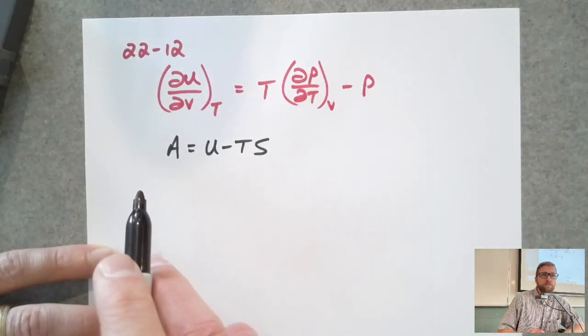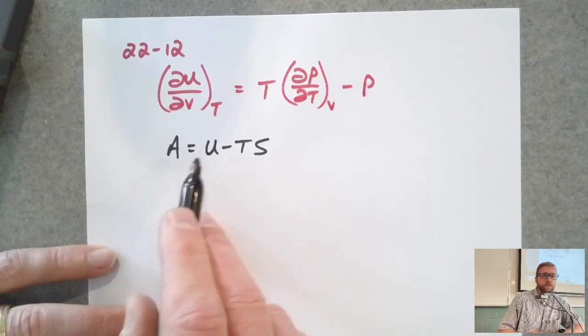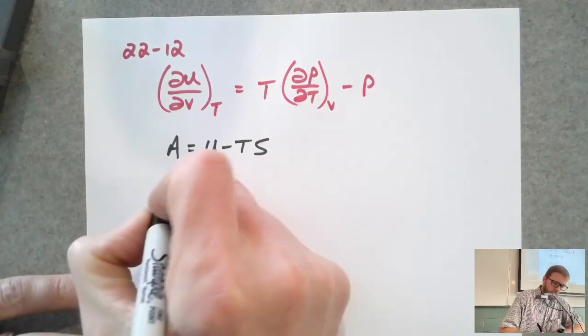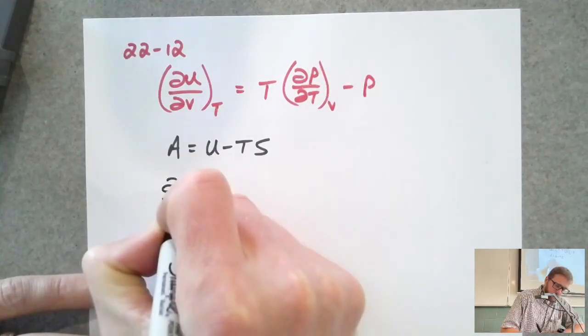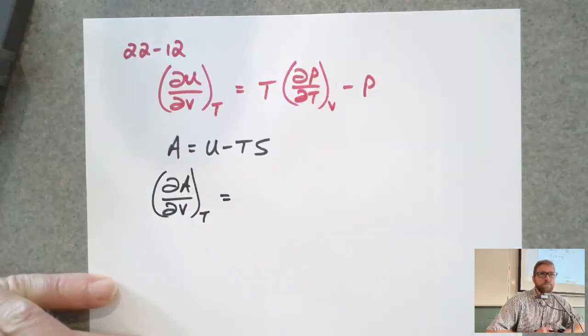Does that make sense? Yeah? Okay. So the left side of the equation is what? A prime, well, we'd actually write it out like this. Partial of A with respect to V at constant T. All right?